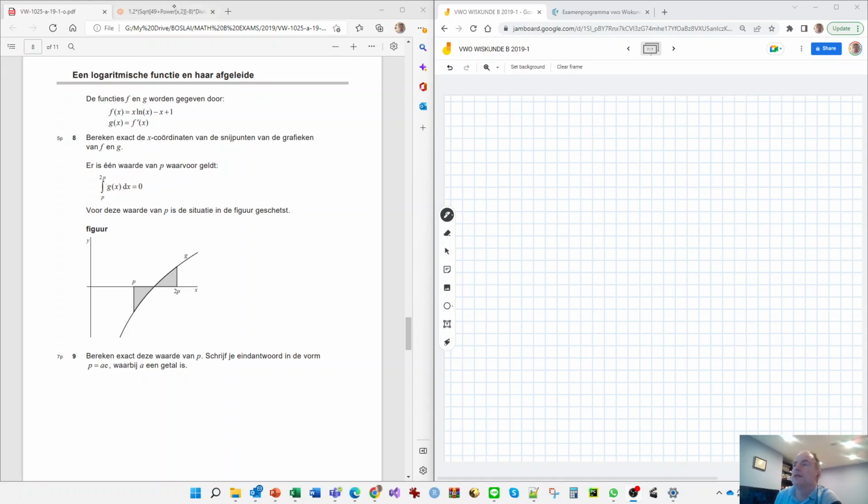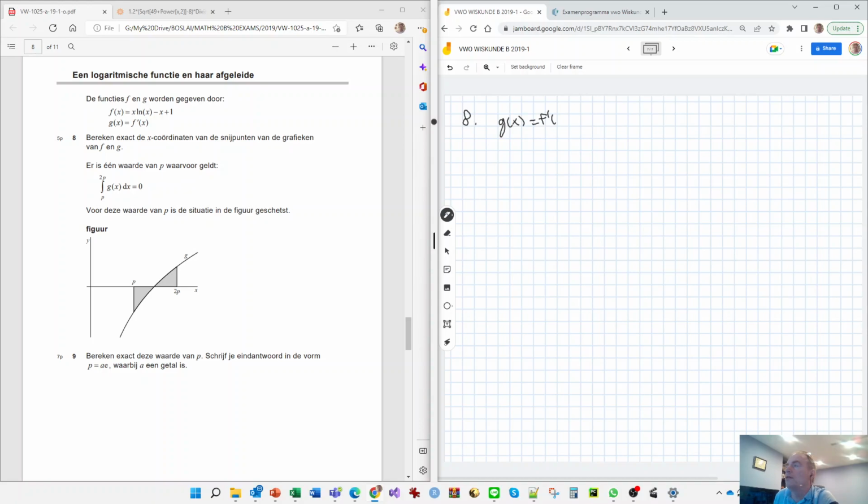Question 8. Two functions given, and we need to calculate the intersection. G of x is the derivative of f, for which we use the expression that you need to know of the product of two functions.